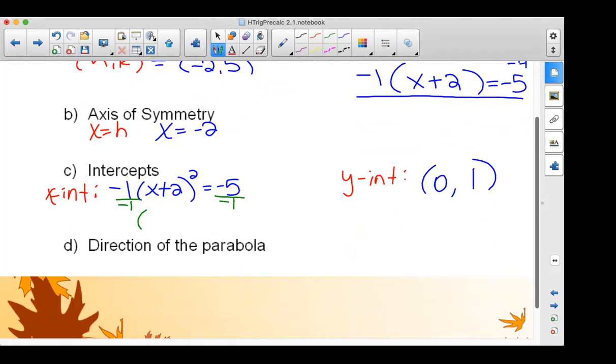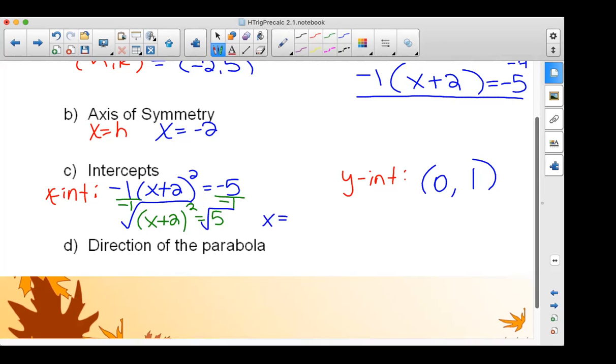And now I have -5 divided by -1, which makes it a +5. So the previous one, I had a -5. This problem here, we have a +5. And you can take the square root of a positive number.